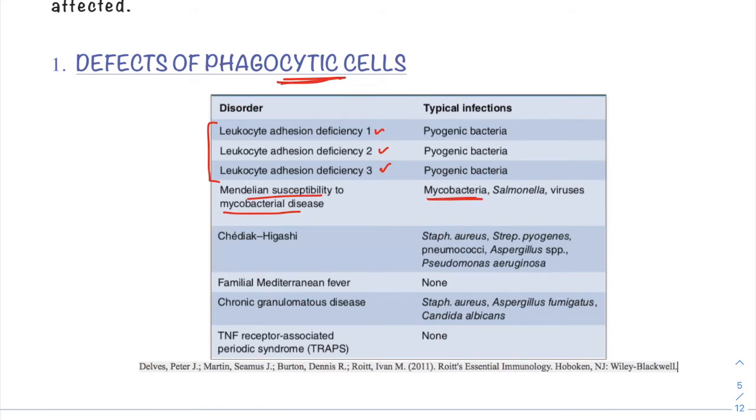Leukocyte adhesion deficiency causes infections with pyogenic bacteria. Remember, phagocytic cells, as we have learned earlier, have a tendency of developing infections by staph and gram-negative bacteria. Only Mendelian susceptibility to mycobacterial disease has a tendency of developing infections with mycobacteria.